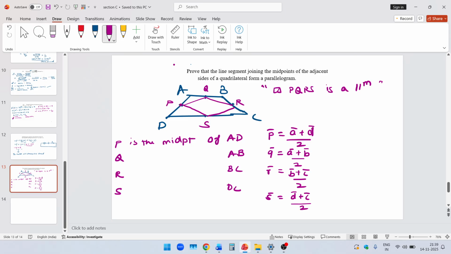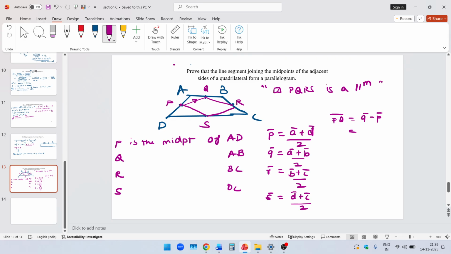All right. This is clear. Now I want to find out PQ bar. Let us say PQ bar is like this from P to Q. So PQ bar should be equal to Q bar minus P bar. We know what is Q bar, we know what is P bar.